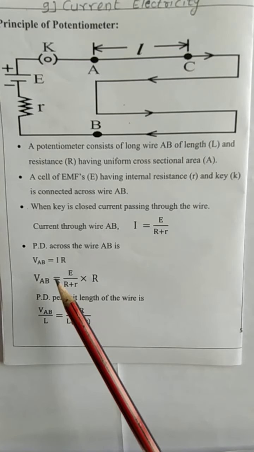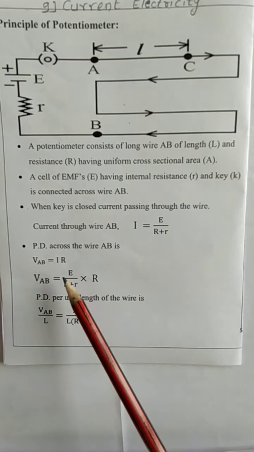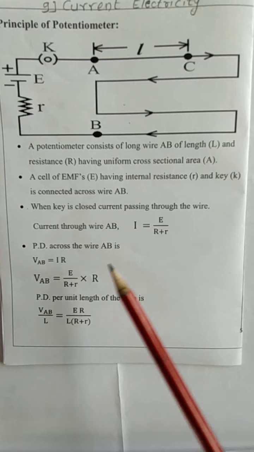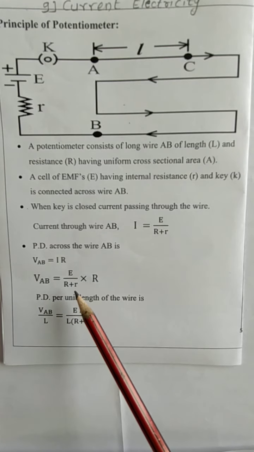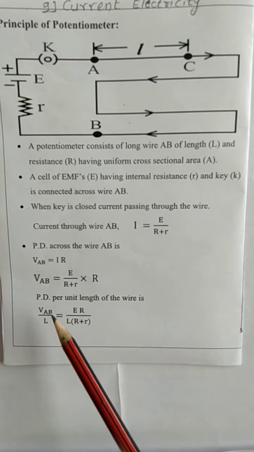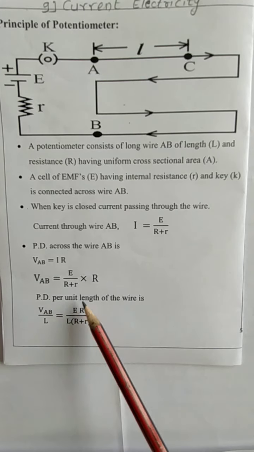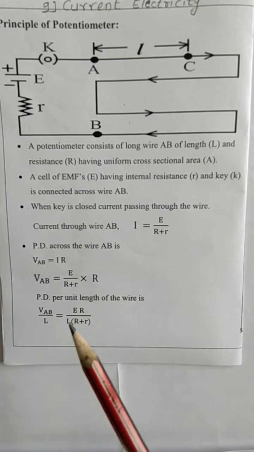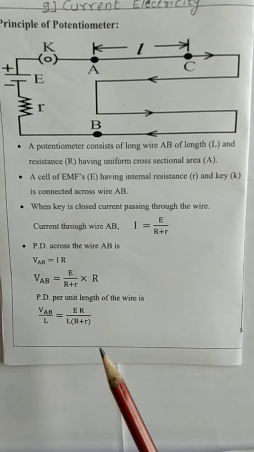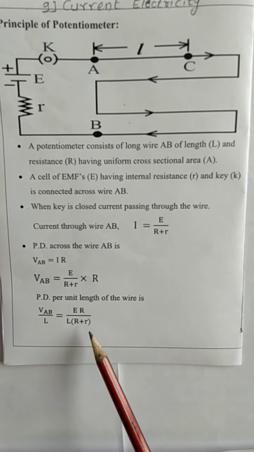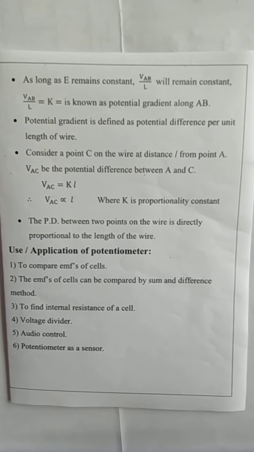Substitute the value of I in this equation. VAB is equal to E divided by R plus small r, into capital R. Potential difference per unit length of the wire, VAB upon L, is equal to ER divided by L in bracket R plus small r.